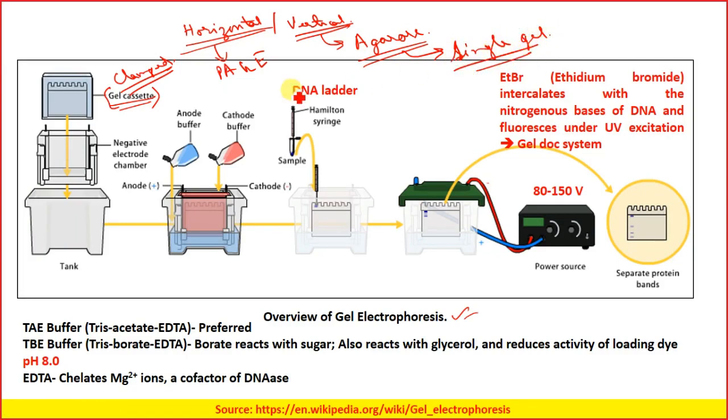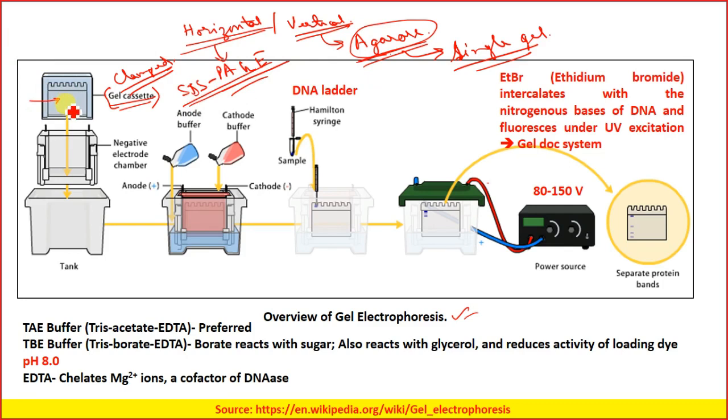Whereas in the case of PAGE electrophoresis, I would specifically talk about SDS-PAGE because SDS-PAGE is more common as compared to PAGE. So in native gel, I will be talking about the agarose, and in denatured gel, I will be talking about SDS-PAGE. In SDS-PAGE, initially we have two types of gels.